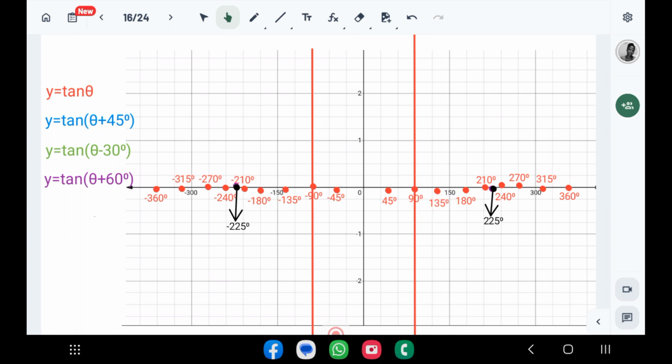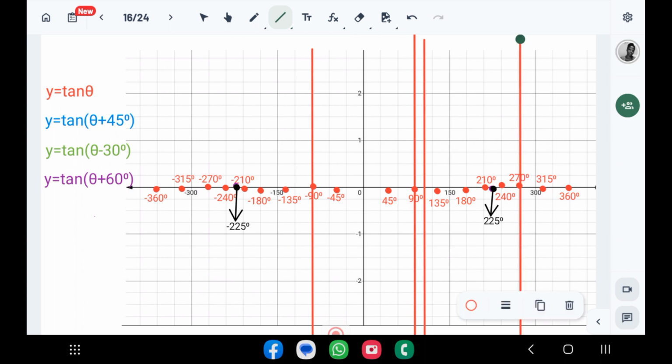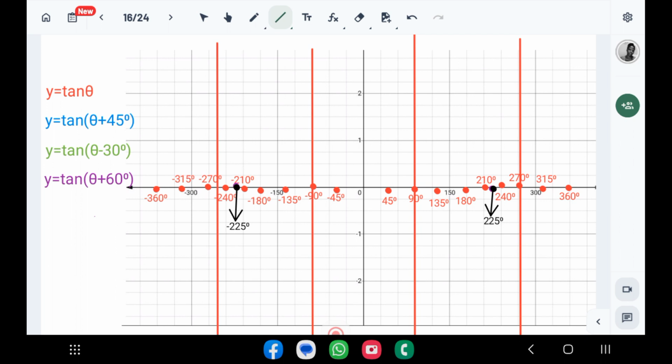So 90 degrees plus 180 lands us at 270 degrees, and that's where our next asymptote lies. So let's duplicate this. Okay, this is where 270 is. That's our next asymptote. The next asymptote is at negative 270 degrees.